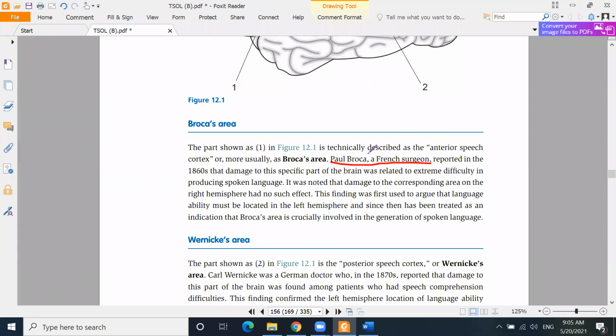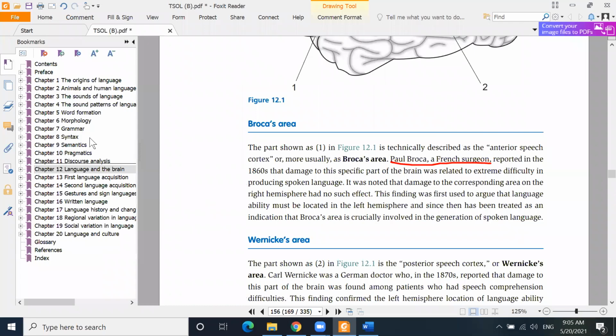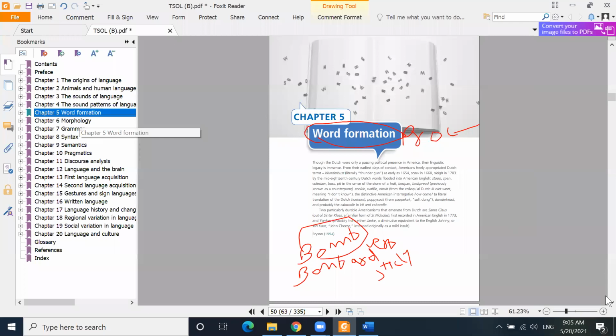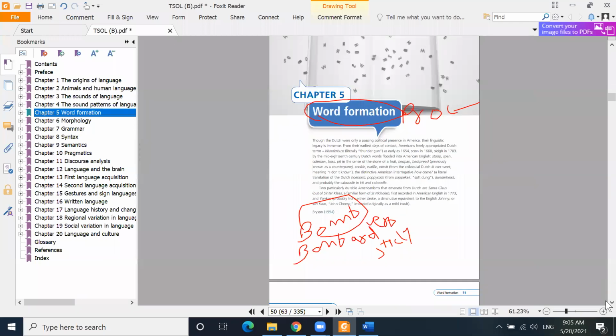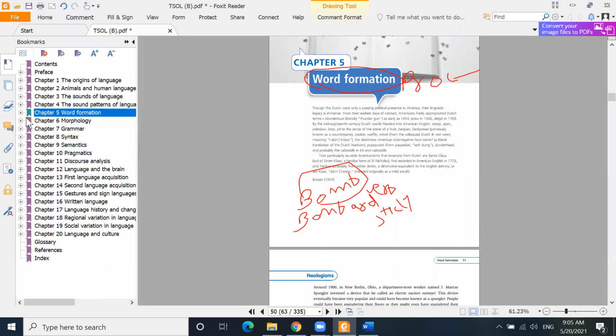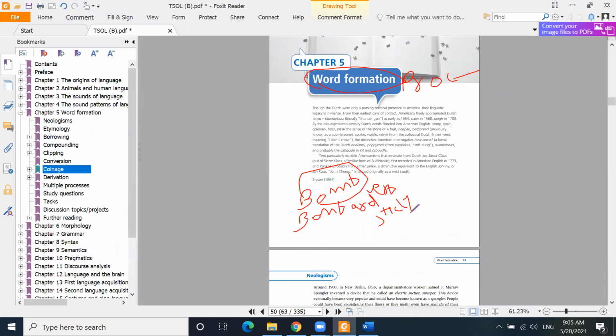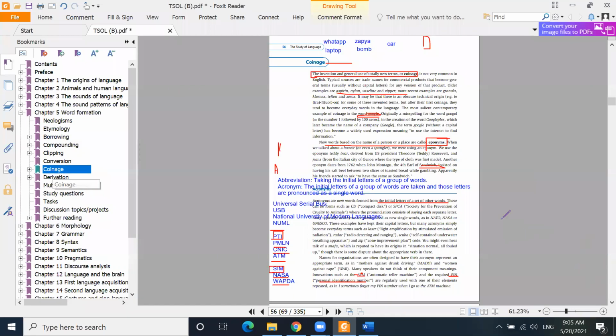And if you remember when we were talking about word formation processes, here is an example for that, right? Word formation. See, coinage. Okay. You see this eponym?